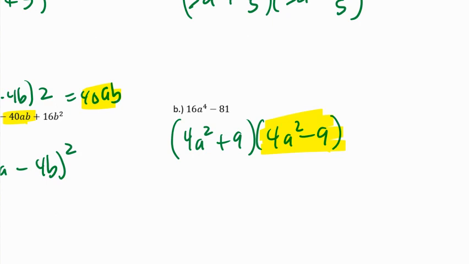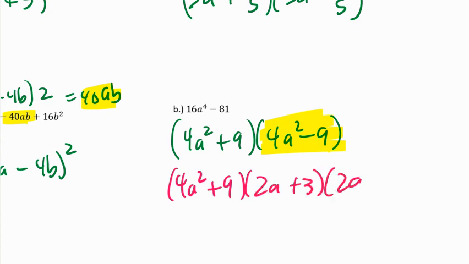So that means I got to factor that one again as a square root plus and a square root minus. So 2a plus 3 and 2a minus 3. If it's plus, you can't factor it. So I can't factor the 4a squared plus 9. So that's completely factored.